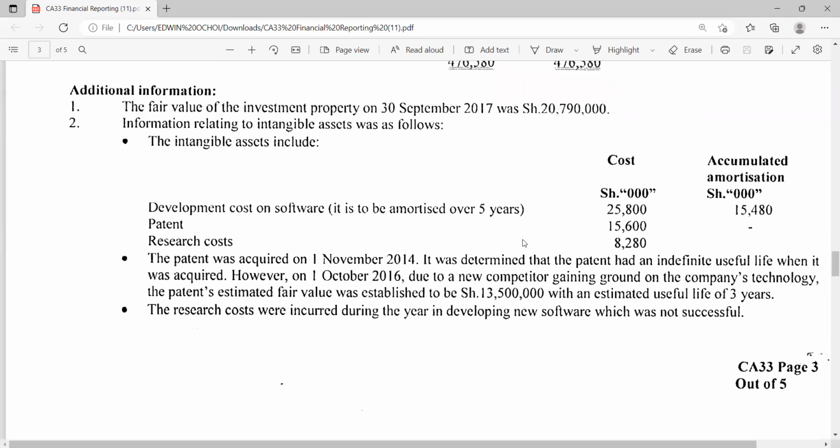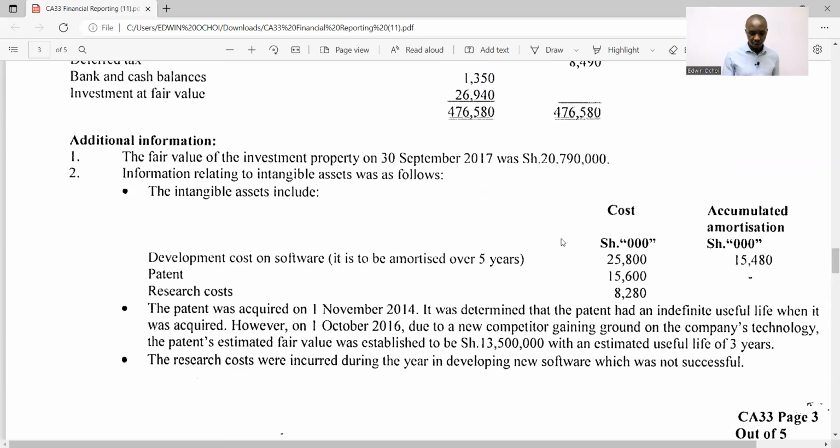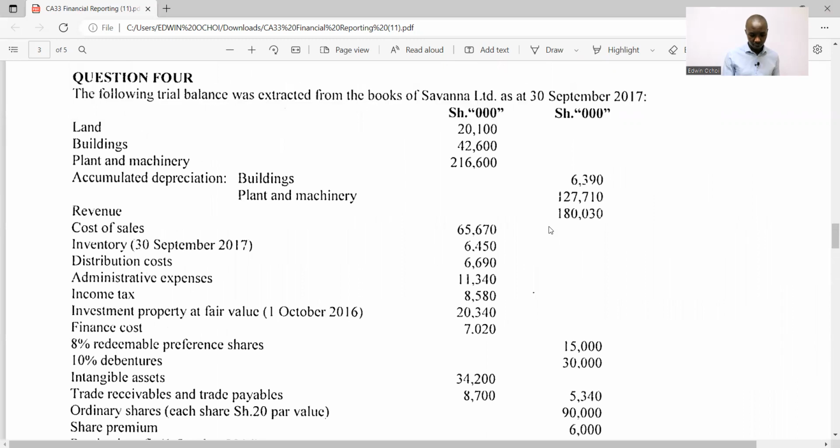So additional information is the one which needs a lot of attention because we have to do that aspect of interpretation. So the fair value of the investment property on 30th September 2017 was 22,790. So that is in terms of thousands. So you're checking the investment property from the trial balance is stated at what?